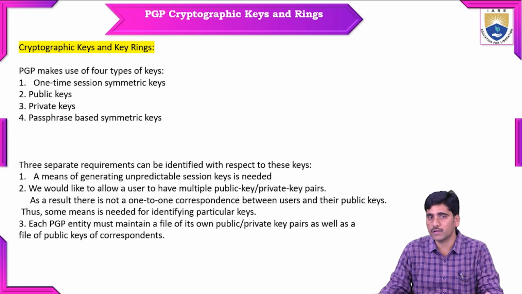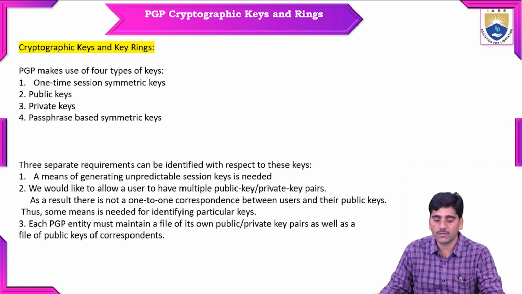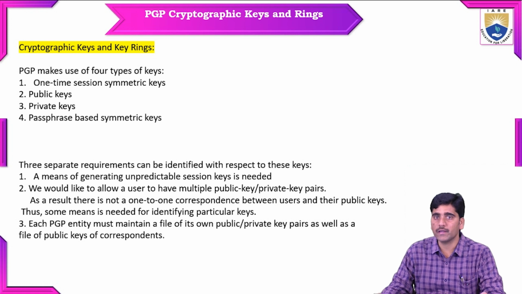Cryptographic functions are used for compression, encryption, and digital signature. So how are the keys and the key rings helpful in providing such services? Here PGP makes use of four types of keys.